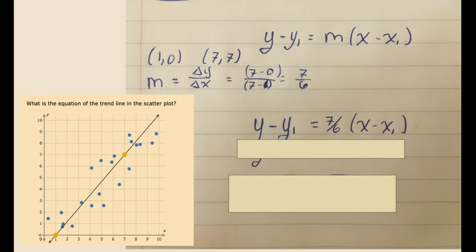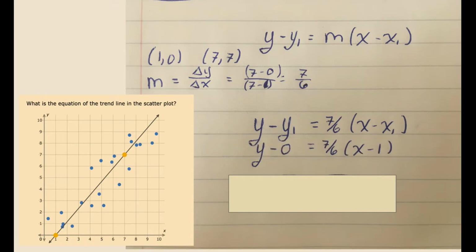Now we plug it into the point-slope form. You're going to substitute in the slope, and you're going to substitute in one of the points. Again, I chose the point (1, 0). You could have chosen the point (7, 7) and you'll still get the same answer, but when I simplify this down, it's a lot easier.